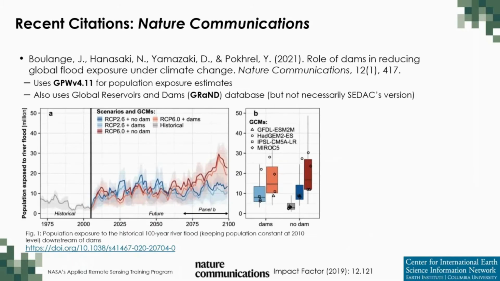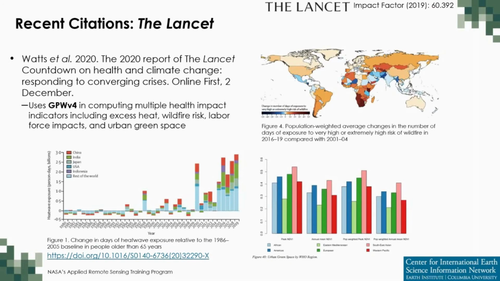This is a paper that appeared in Nature Communications, which was looking in the context both of natural hazard exposure, in this case floods, and also climate change, and looking at vulnerability now, but also into the future based on different scenarios of future climate change. And then here are a couple applications in the public health arena. Report last year in the Lancet, which actually has higher impact factors than Science and Nature.